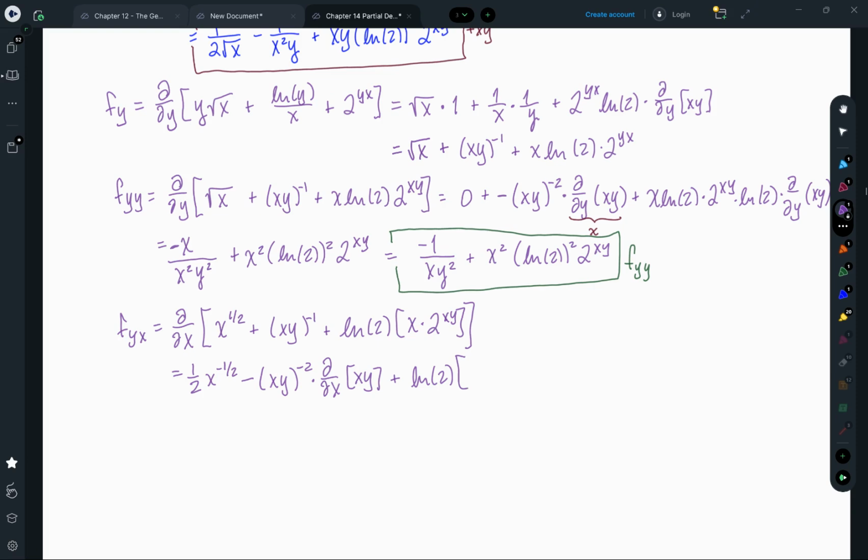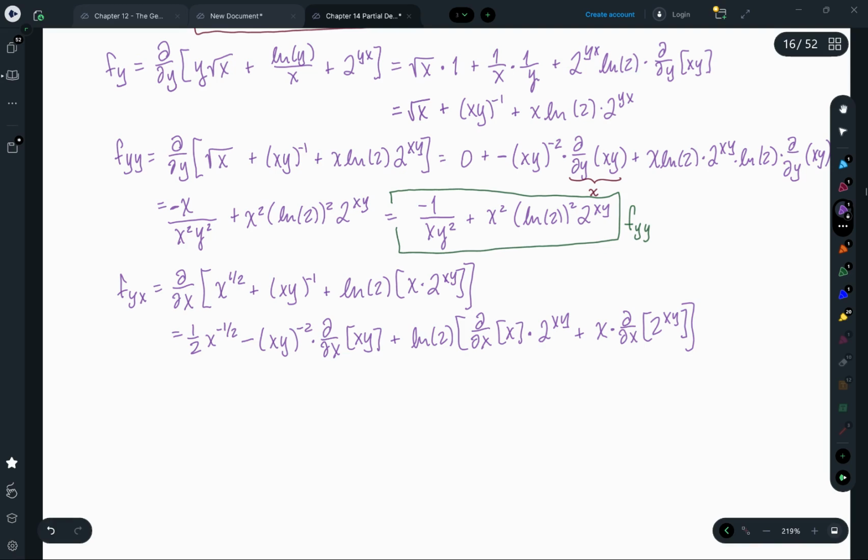So I have the derivative of the first, del x of x times 2 to the xy, plus the first times del x of the second, which is the 2 to the xy. Now I have a few more derivatives to take. Remember, del x of xy is going to give us a y.